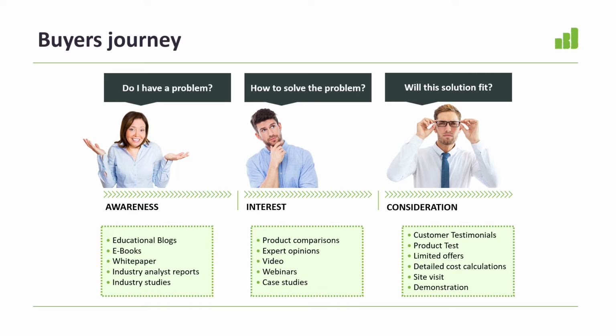Unless the customer truly believes that they are in trouble, or have a huge opportunity they don't want to miss, or a massive risk, they will not do anything. So the first step is always to make sure that your prospective buyers are aware of what is there for them. And only then can you take them to the next step, which is interest.